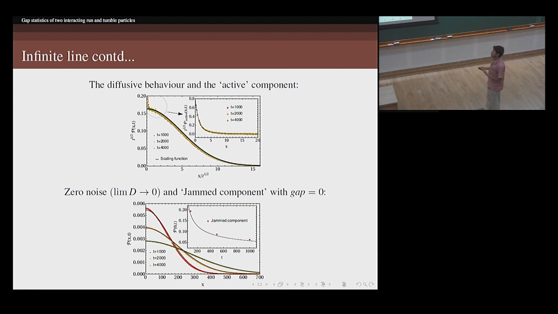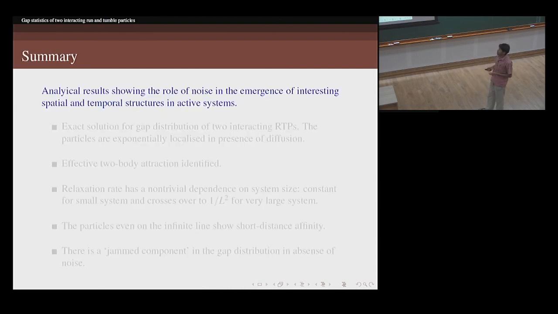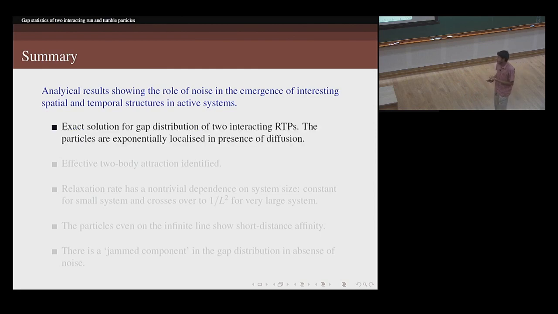So, this is the spatial and temporal characterization of this two particle system. And in summary, we have analytical results which underscore the effect of noise in the emergence of interesting spatial and temporal structures in active systems. We have characterized the steady state distribution and identified an effective two-body attraction.